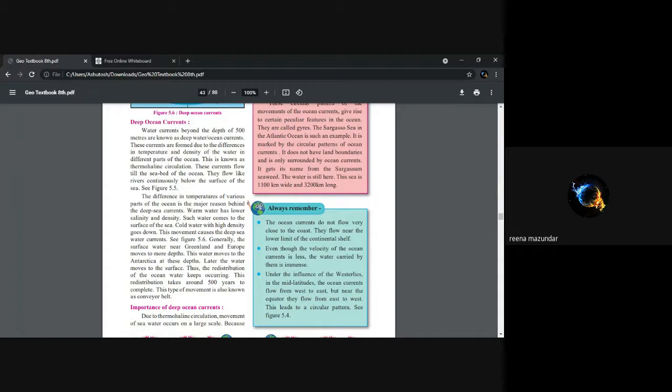Even though the speed is less, but the water carried by the sea is immense. Immense means प्रचंड, खूप, limitless. So if you look at the ocean, if you have ever gone to the Gateway of India, from the Gateway of India see the Arabian Sea, as far as you can see, you can see only water and water, isn't it?